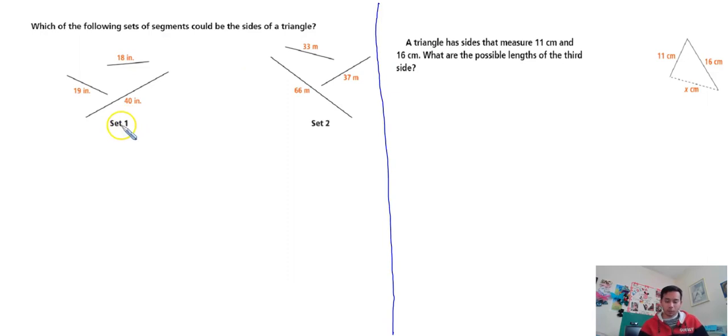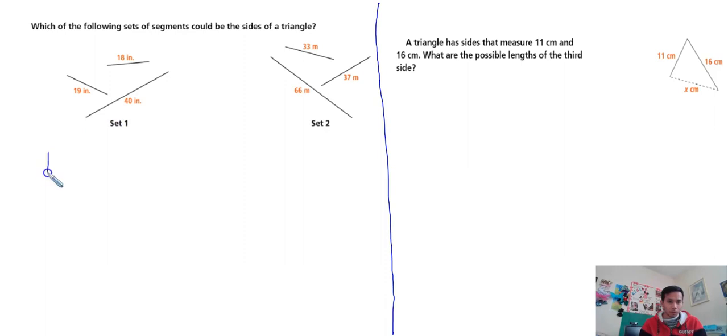So let's check for set 1. If I'm going to add 19 plus 18, that would be greater than 40, it's supposed to be. Or the other way around.